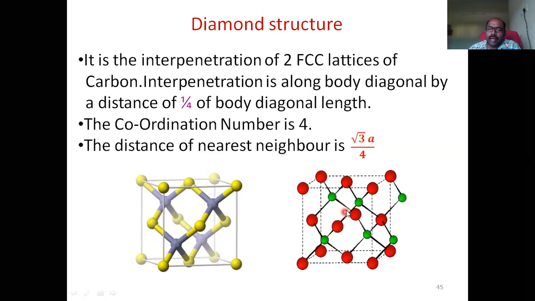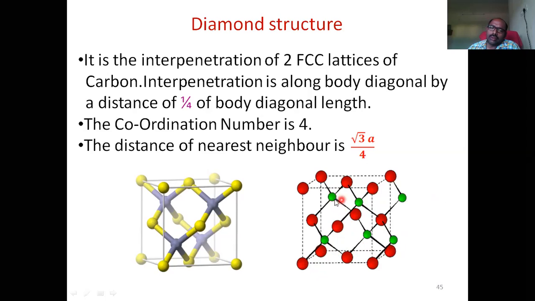A similar equivalent point is here. For this one, it is the bottom face center, and it is the front face center. So in that way the structure is formed. I have shown the lattice in different colors to identify how it is formed, and how it looks when we displace.